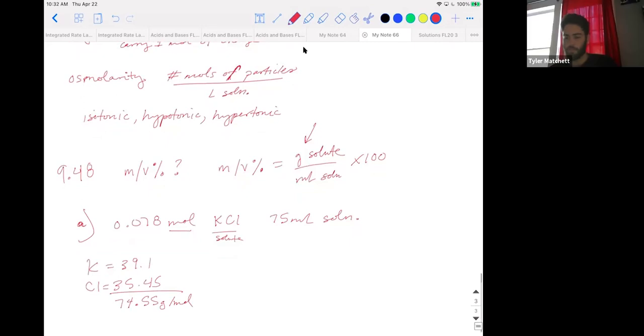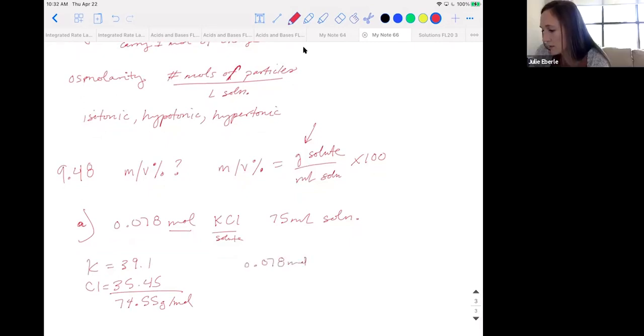All right, so we're going to take this 0.078 moles of KCl and convert to grams, because that is what we're going to plug into our mass volume percent equation.